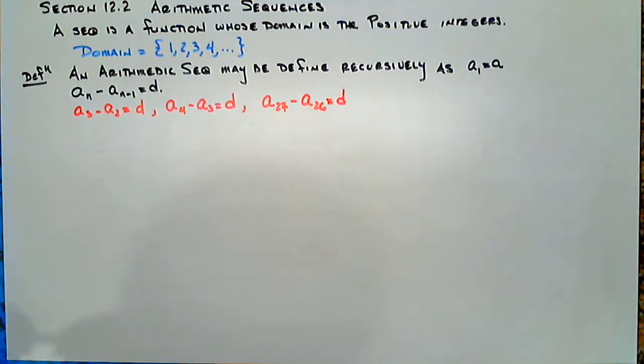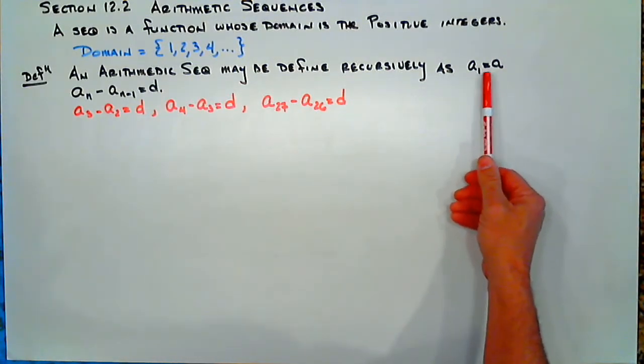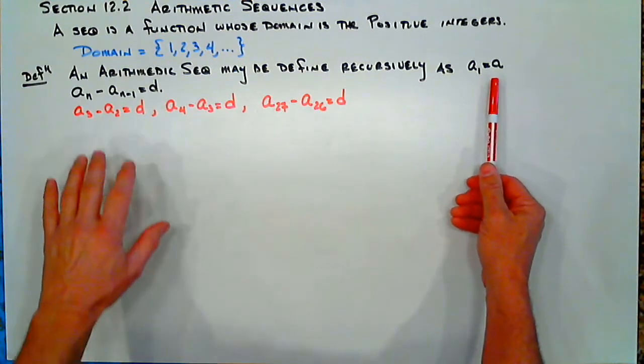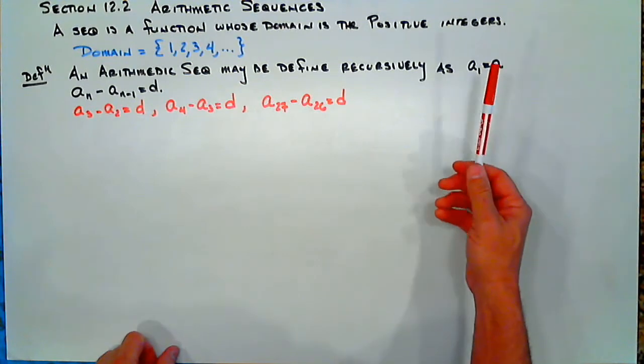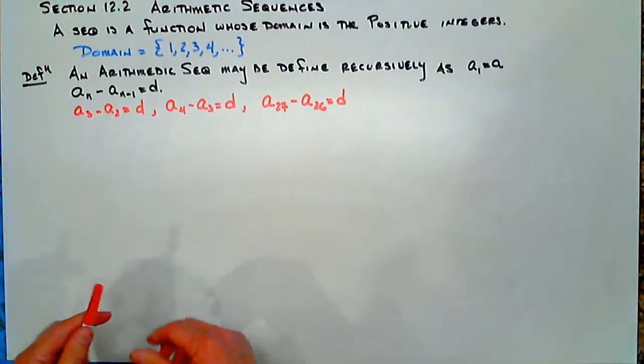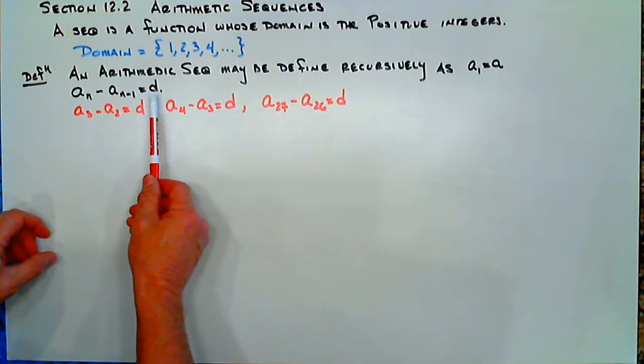So what are they trying to tell us? What is the point of this definition? They're trying to get us to realize that whatever our first term is, we don't care. Notice there's nothing over here about a. What's important to us is that the difference between each term is d.